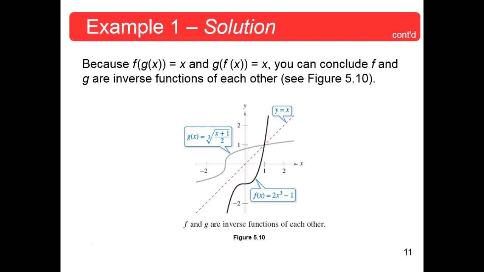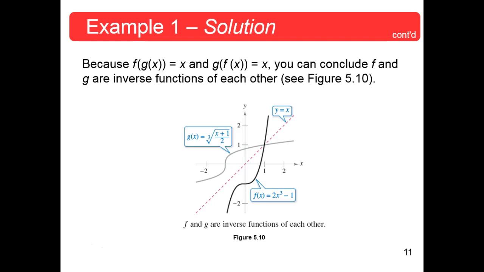So anyway, this is what that cube root function looks like. For the cubing function, first the minus 1 is going to move it down the y-axis by 1, and the multiplication by 2 is a vertical stretch, and that gives you this function.